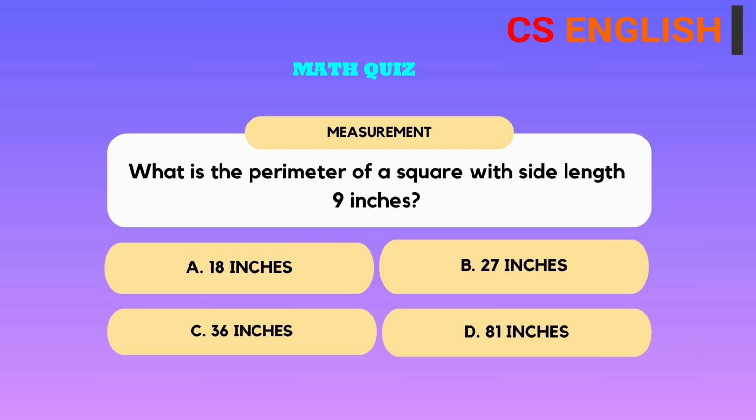What is the perimeter of a square with side length 9 inches? A. 18 inches, B. 27 inches, C. 36 inches, D. 81 inches.